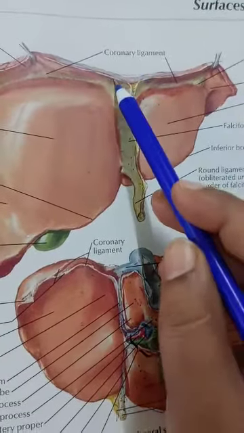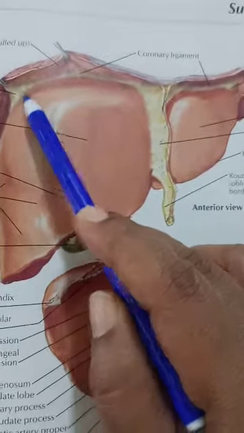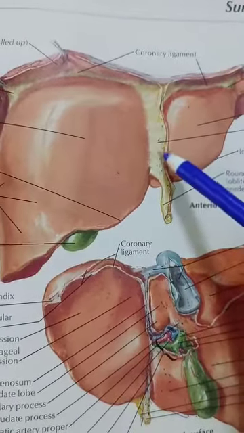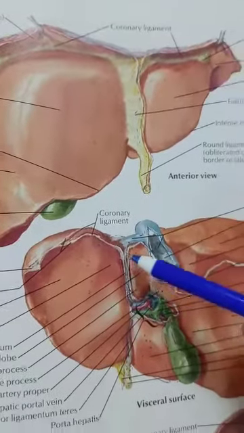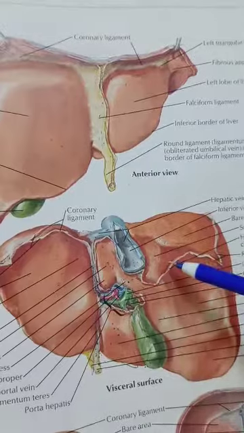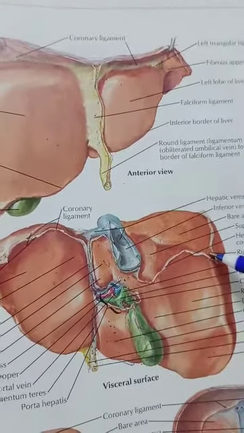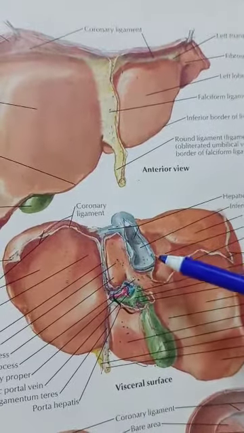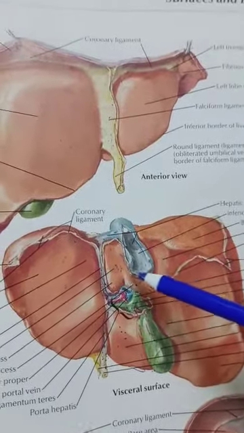Then anteriorly is the falciform ligament, inferiorly the ligamentum teres, and posteriorly the ligamentum venosum. So these are the ligaments related to the liver.